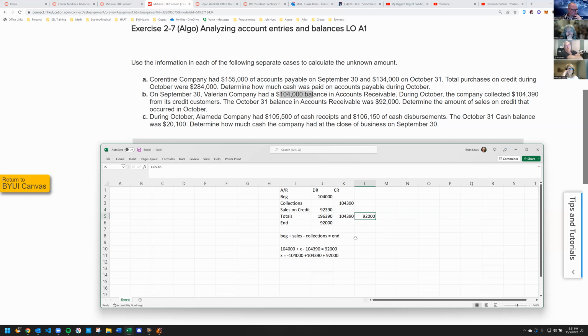So what you're saying is sales on credit in the drop-down menu would actually be a sale on account, right? Yeah. Okay, and that would go on the left-hand side of the accounts receivable. On the right-hand side, you're going to have payments on account, and that's a given. My question, it's 108,890.